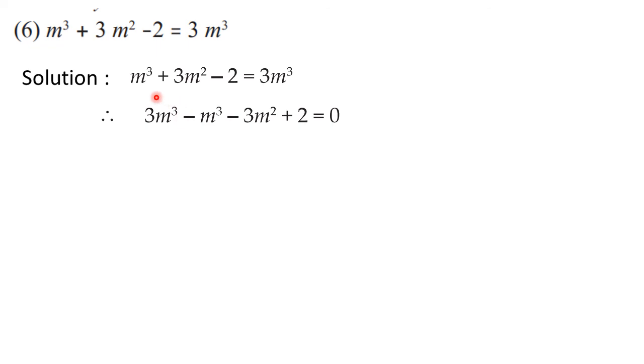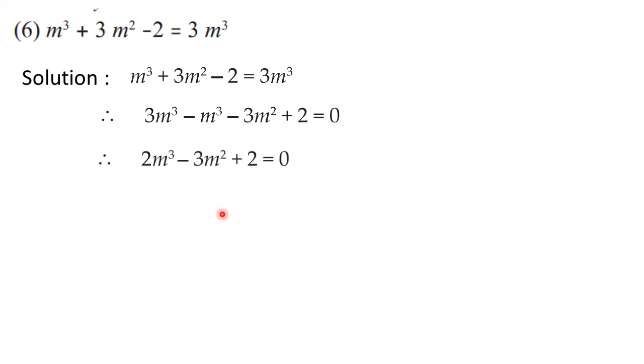Because the first term generally we write positive, it's a convention. In case of m cube, 3m cube is bigger, that is why all these three terms are shifted this side. Now these two are like terms: 3m cube minus 1m cube, we get 2m cube, and the remaining terms stay as they are.